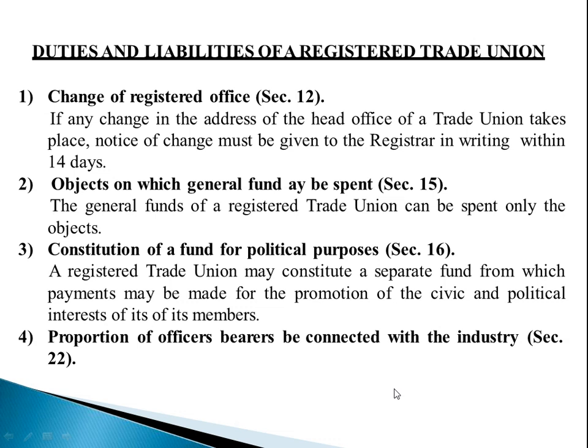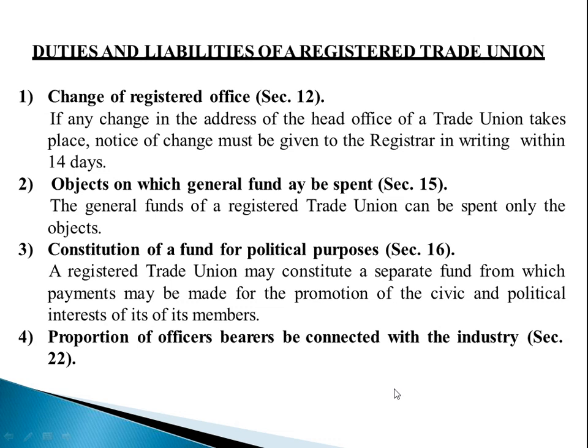Then the objects on which the general fund is spent: the general funds of the registered trade union should be spent only for the objective for which they have been formed.